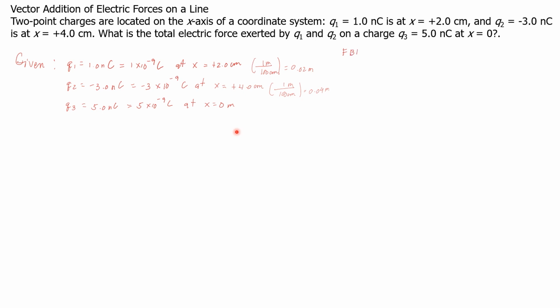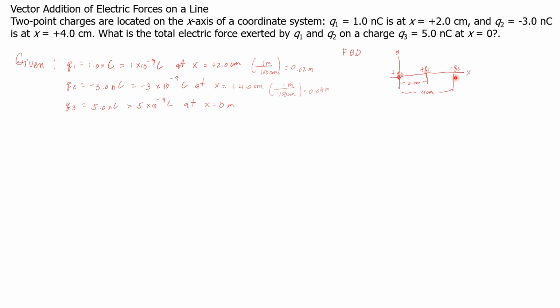Located at the origin. So we need to draw the FBD, or the free body diagram. So we have the y-axis and x-axis, and here we have charge 3 at the origin, and at x equal to positive 2 centimeter, we have the Q1.